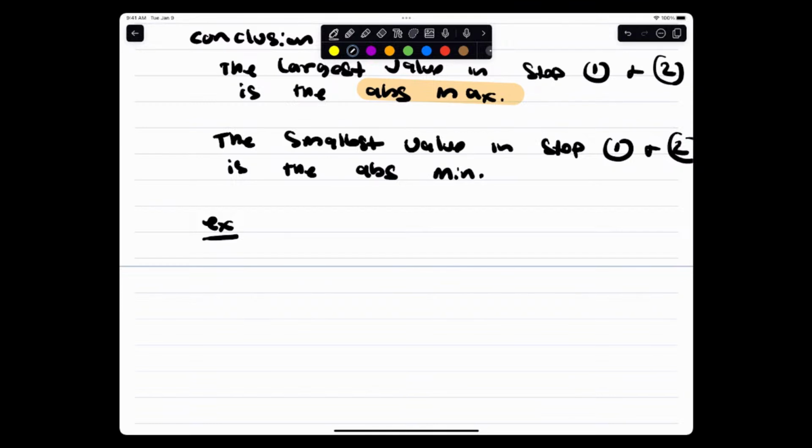Okay, how about 2x cubed minus 3x squared minus 12x plus 1.